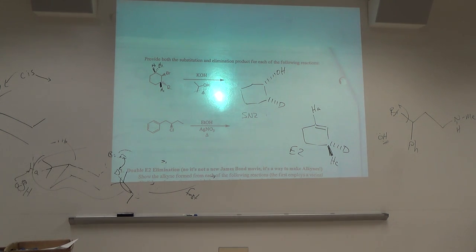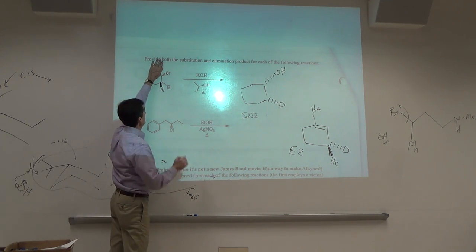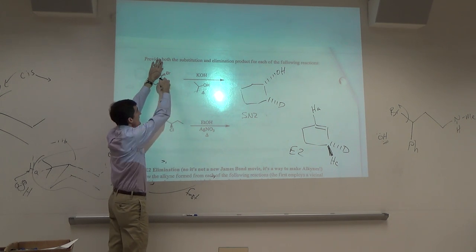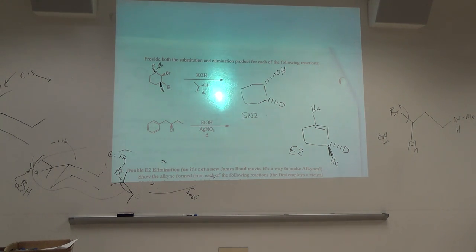H, because it's a weaker bond. Now, if there was nothing up here, it could take the D. It'd be a more difficult reaction, but D can be. But if you have a choice between H or D and they both meet the stereochemical requirement, you'd rather take the H. It's going to be a weaker bond, thus an easier reaction to do.